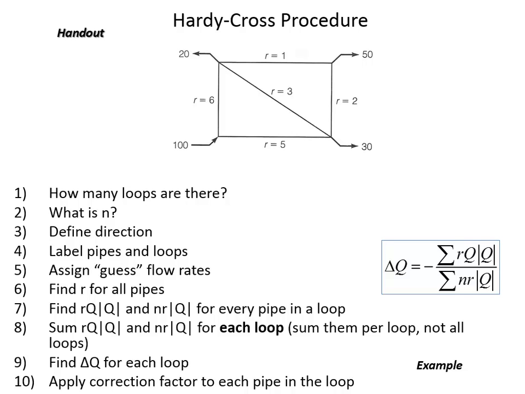Okay, the next thing I have to do is have continuity satisfied at junction 2. And so there's 50 going out there. What I'll say is that 50 comes from 25 here. Let me make this pipe 2-3. I'm going to assume 35.